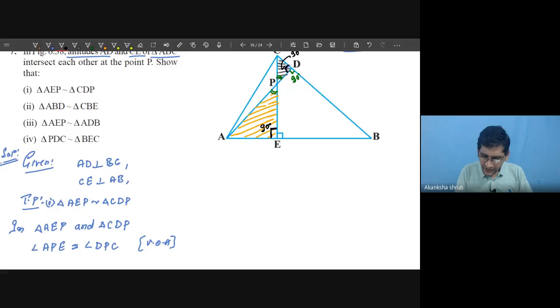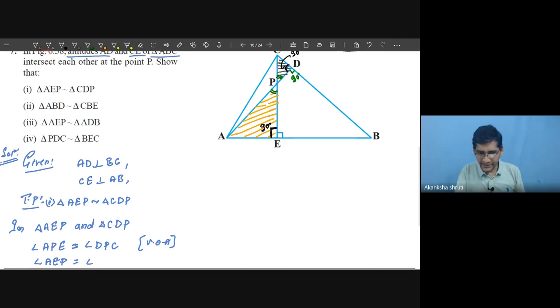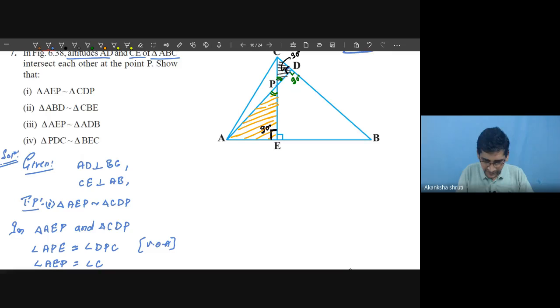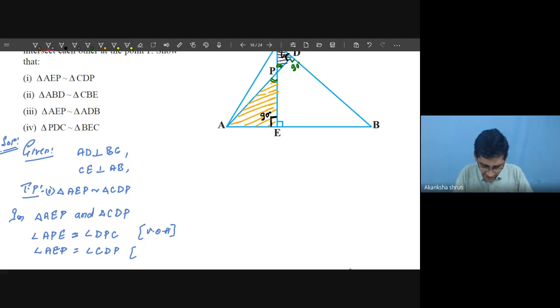Be careful, write the angle AEP first, because all the quantity related to the first triangle AEP has to be written first. So write angle AEP is equal to angle, the other one we can take CDP, or you can also start with PDC. Angle CDP. Why? Each equals 90 degree.